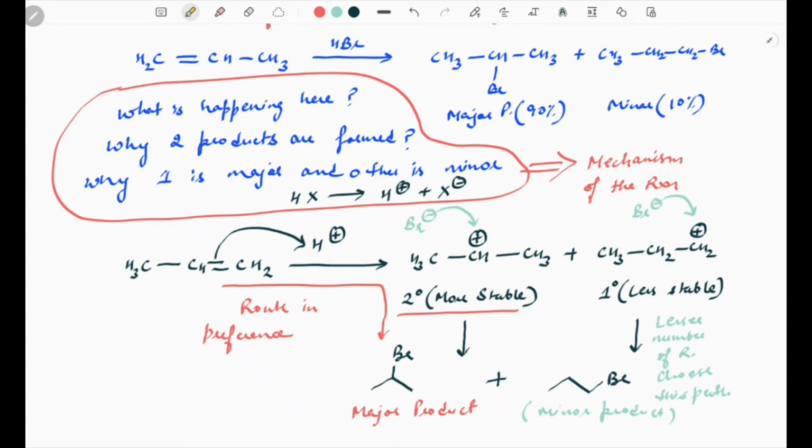Now, this preference, that upon addition of halogen acid to unsymmetrical alkenes, one is formed as the major product and the second is formed as the minor product, is what we know as the Markovnikov rule.